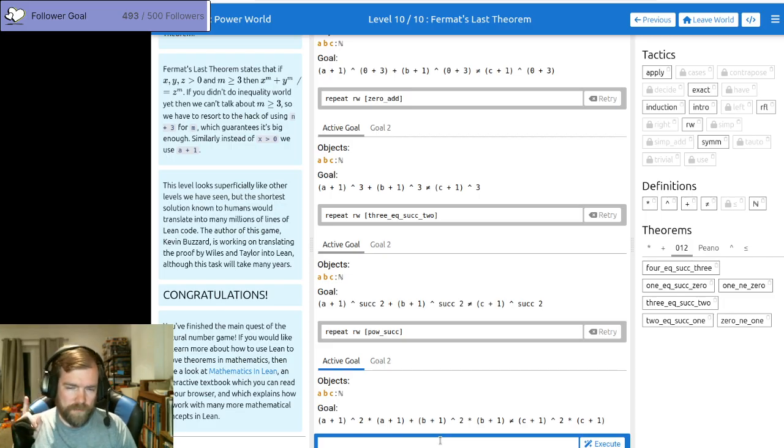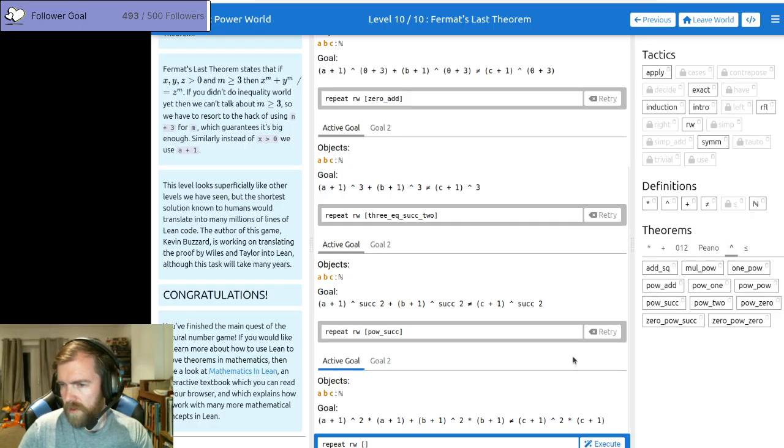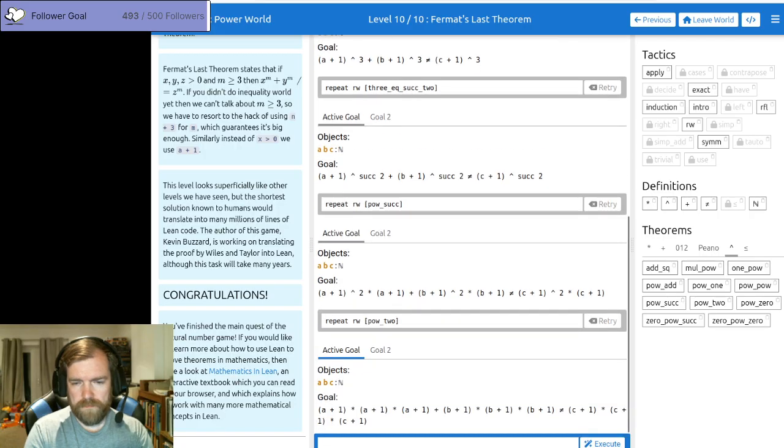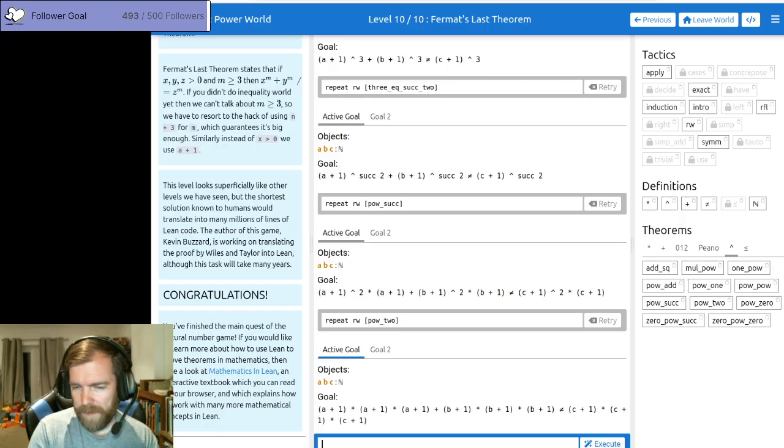Okay, for this, I think we're going to do a repeat, rewrite again of power 2. Yep. Oh boy. Repeat, rewrite of add mul.